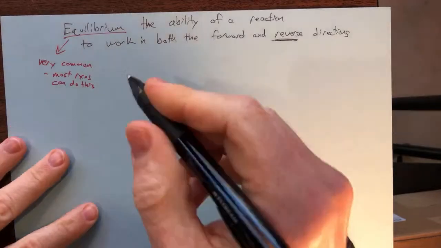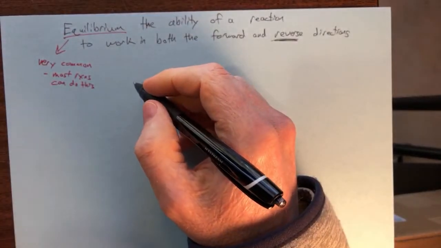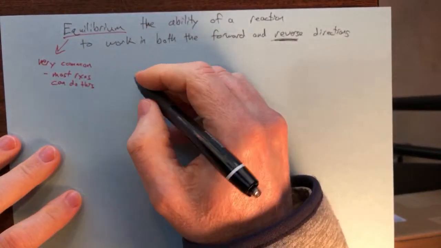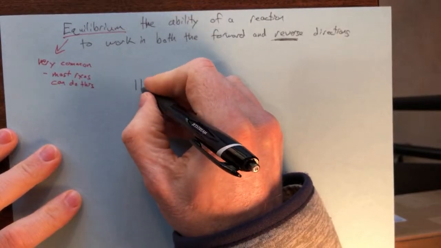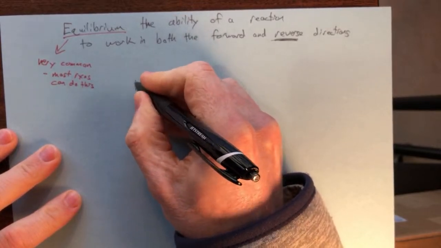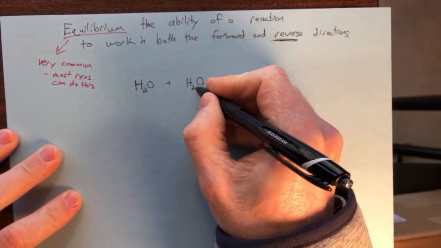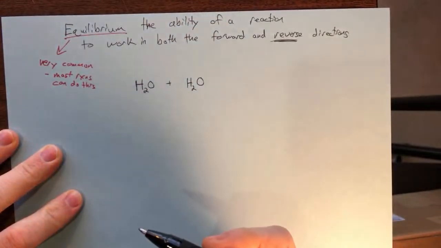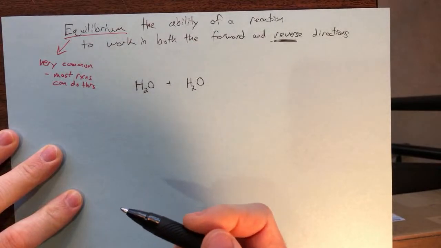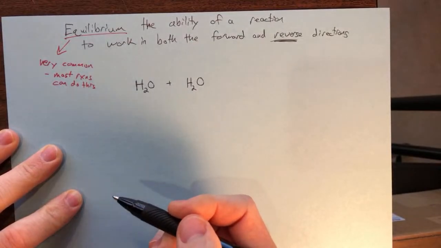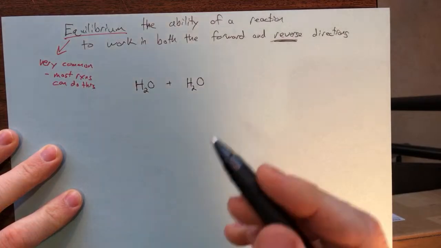But the one that we really, really care about is the one that's known as the auto-ionization of water. Well, what is that? That's when we take water and react it with itself. And if you wonder, well, water is always with water, that means this reaction is always occurring. And that's exactly correct. This reaction is always occurring.